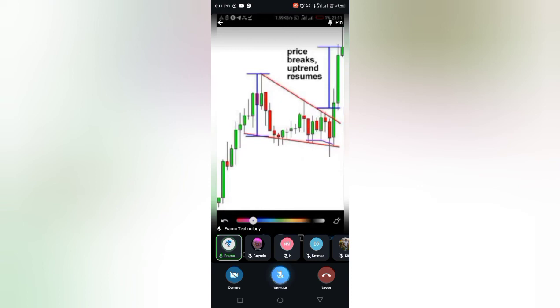But then you have to divide your entries, as in the trick that I showed you. Maybe you put your first at the line where it will break out. Maybe there will be a possible retracement, maybe at this place. Then you enter again, then you wait for it to move up to your profit.